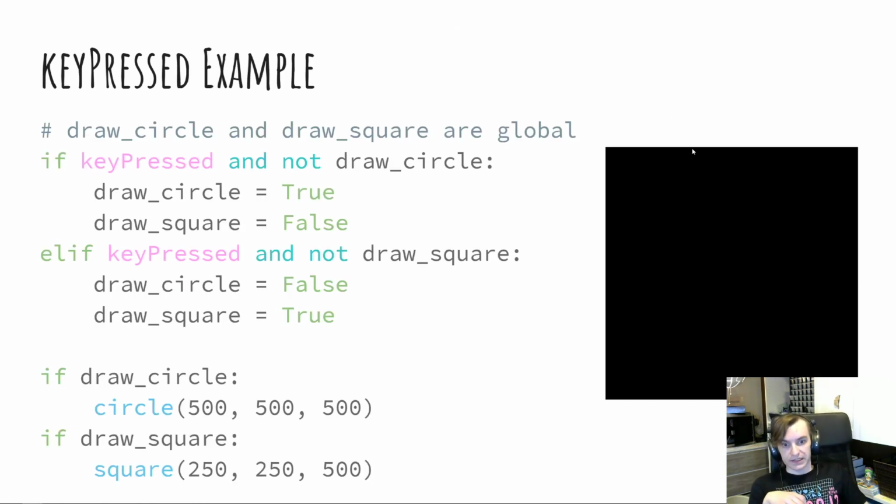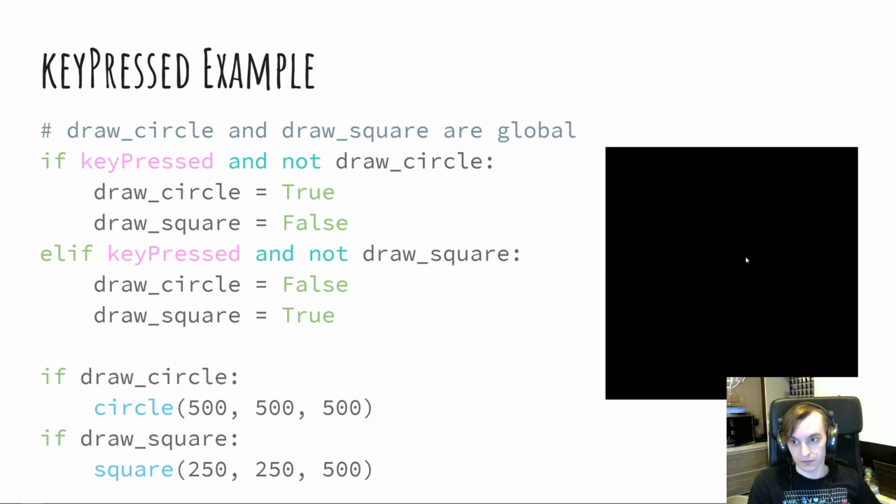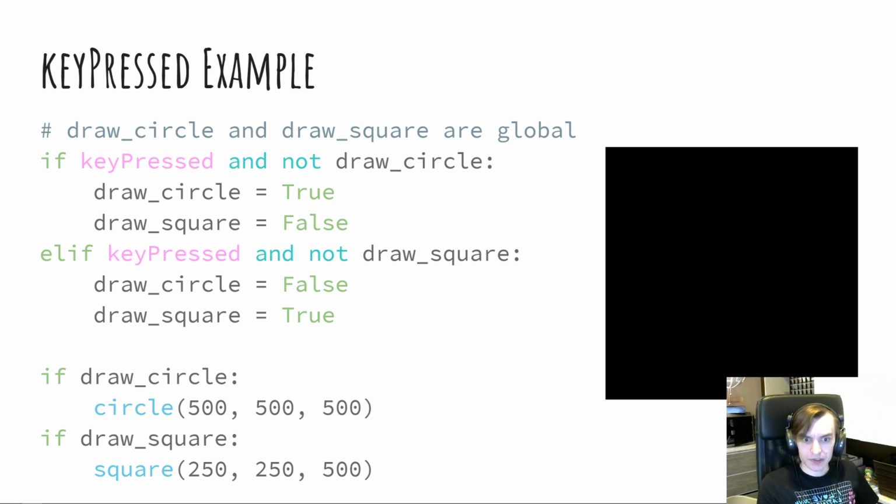So we now have an example for key pressed. What we are now going to check is if the user is currently pressing any keys, right? And that's any key anywhere on the keyboard. So I'm just pretty much going to copy this one into Processing.